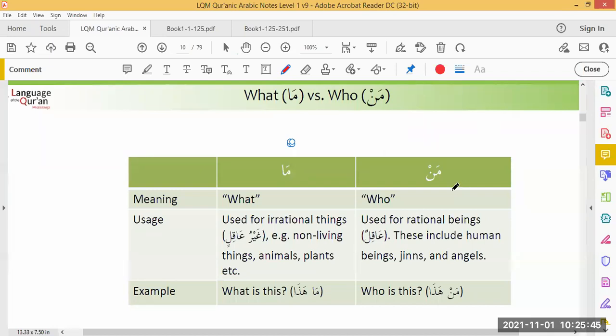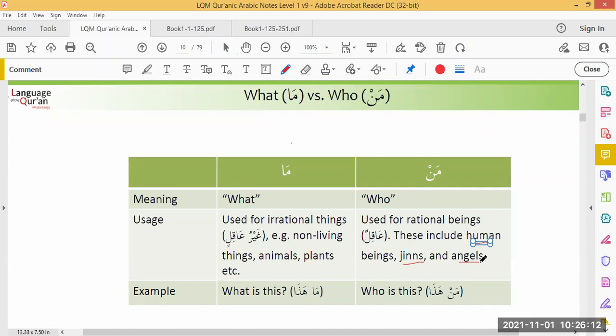And man, man is who. Man is used for the rational beings, aqil. These include human beings, jinns and angels.